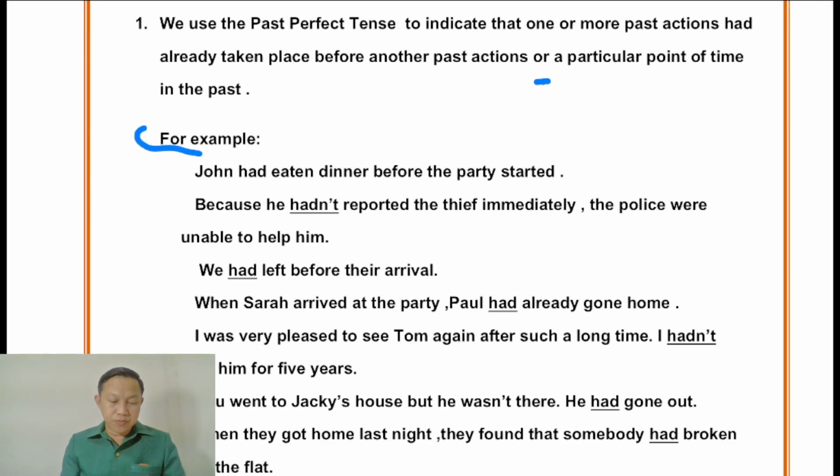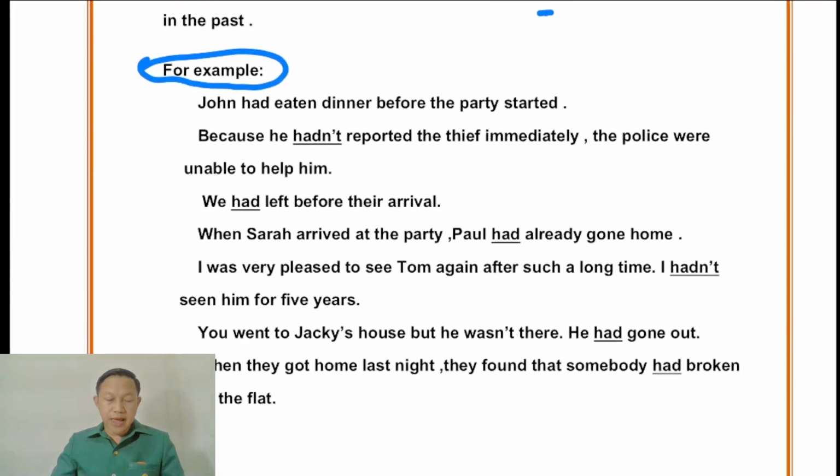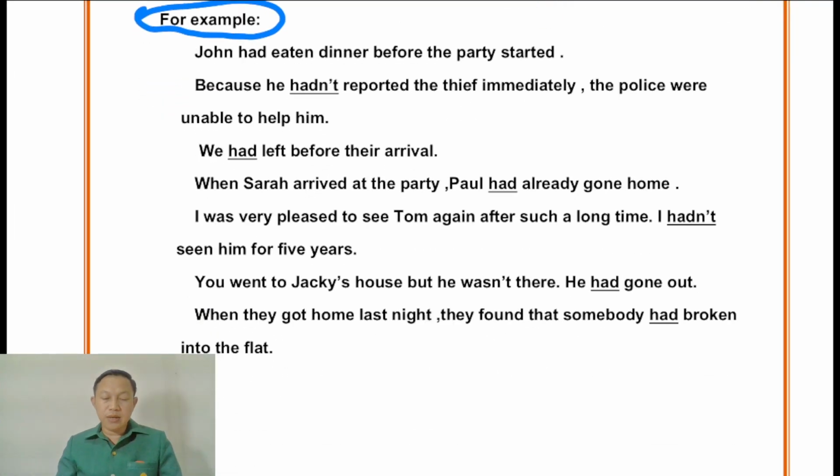For example, John had eaten dinner before the party started. Because he hadn't reported the thief immediately, the police were unable to help him. We had left before their arrival.